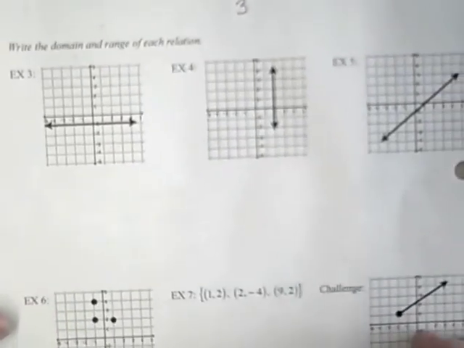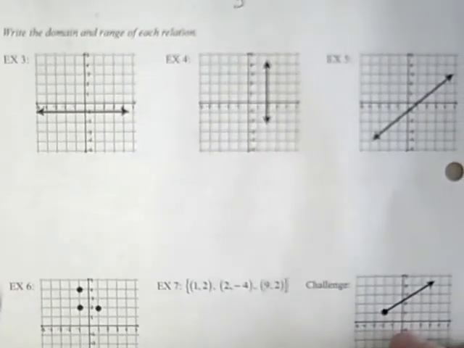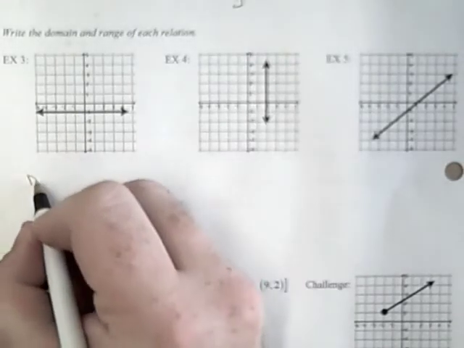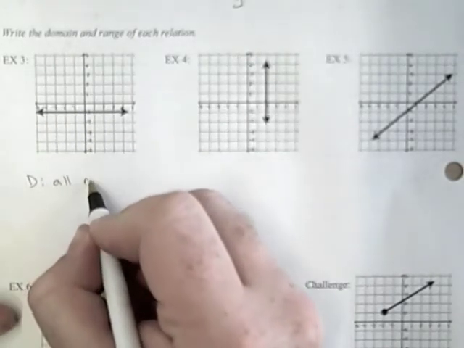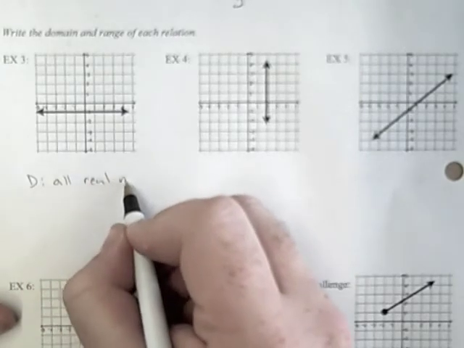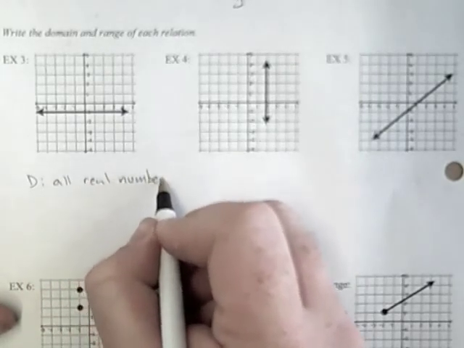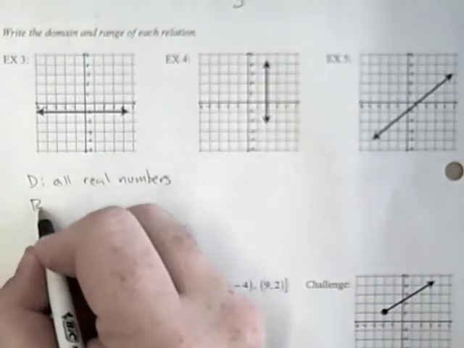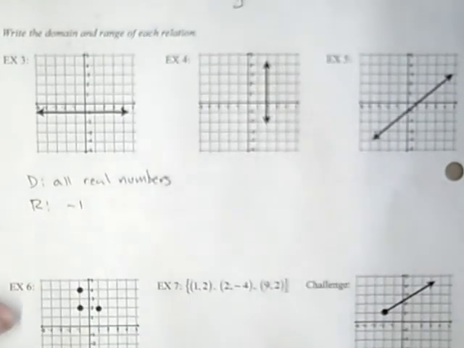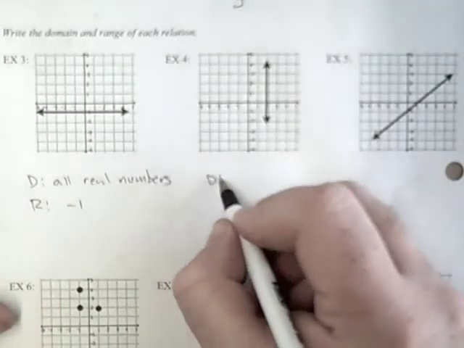Doing the same thing on our examples, we see that the domain here is all real numbers. And if you want, you could write all reals as well. And the range is -1. Here, things change a little bit.